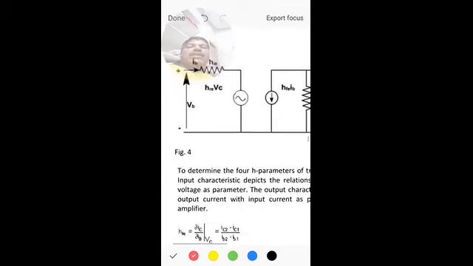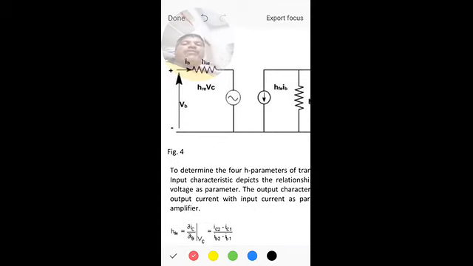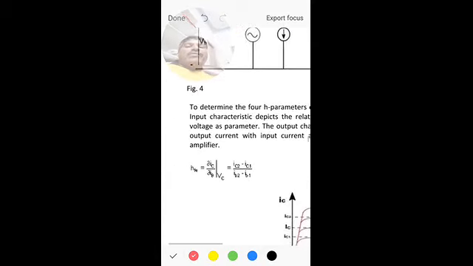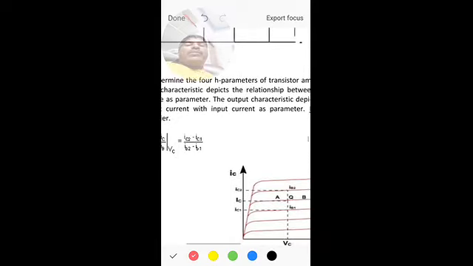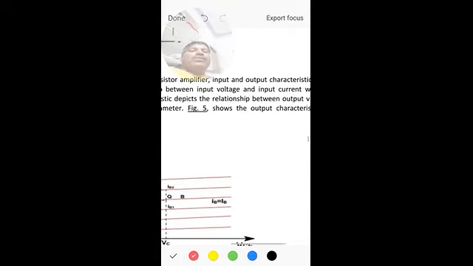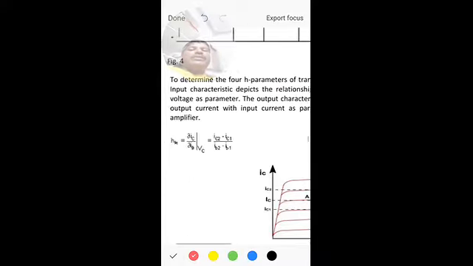This is the H parameter model for CC configuration. So we can represent the input voltage as the sum of IB HIE plus HRE VC, and the output current IC is HFE IB plus HOE VC. To determine the 4 H parameters of the transistor amplifier, the input and output characteristics are used.